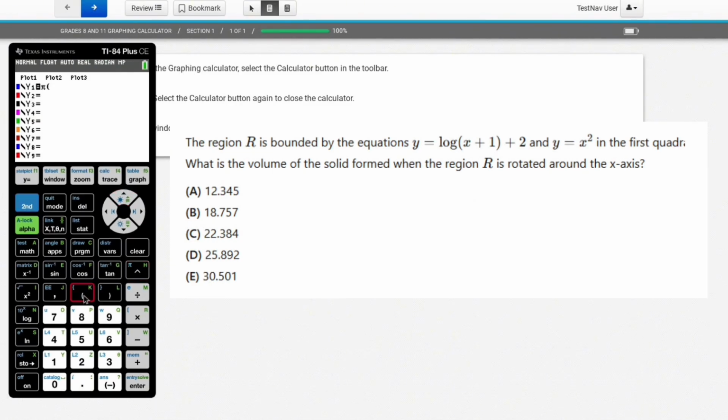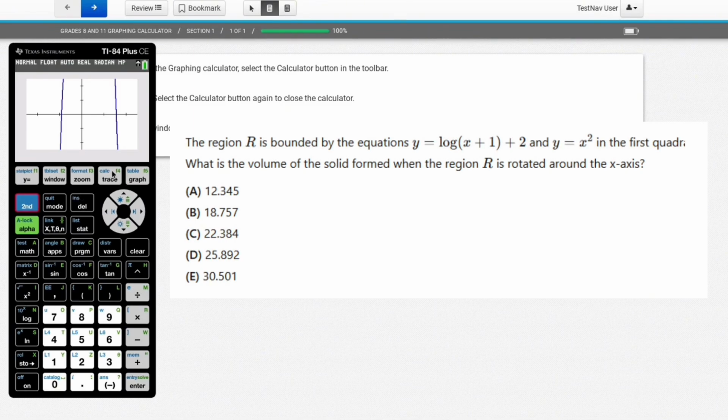And then I have parentheses, parentheses, log of x plus 1, close it, plus 2, close it, square it, and then minus x squared, close it, square it, and then close it one more time. All right, so now that I have what I need, I think everything is typed out correctly. I don't think I have any errors. I can hit graph. All right, that looks pretty good to me.